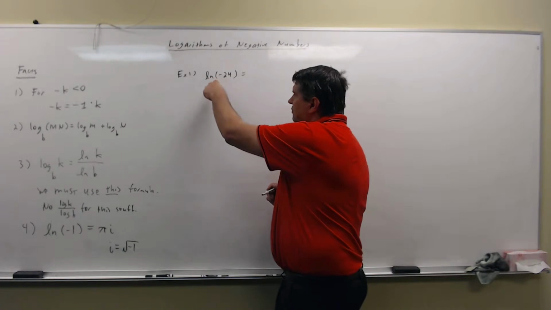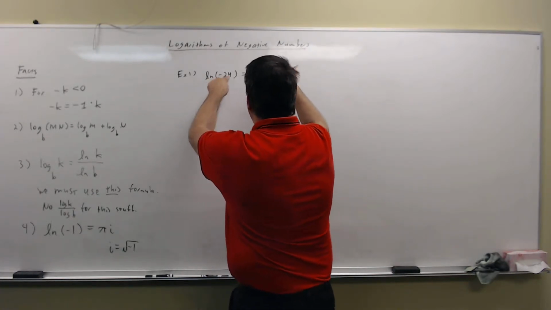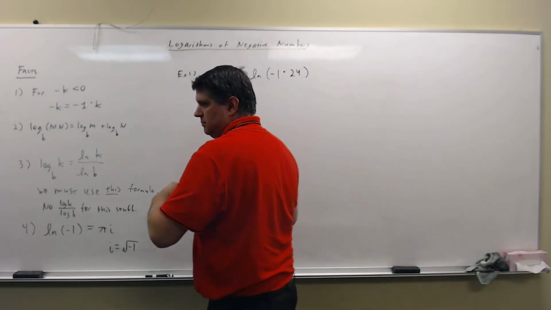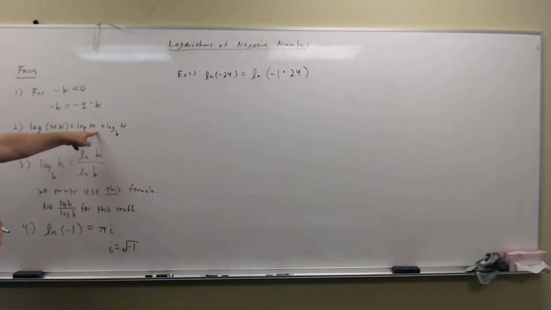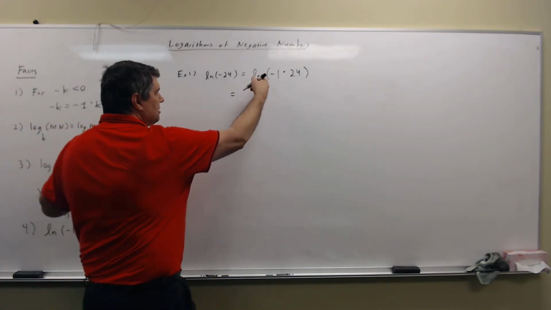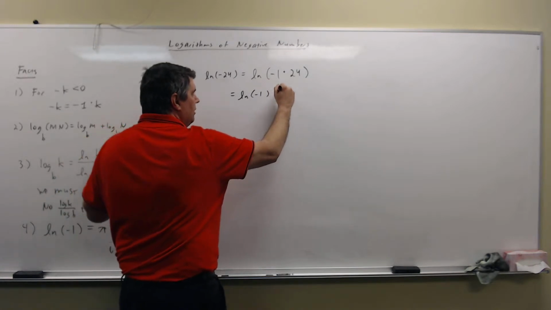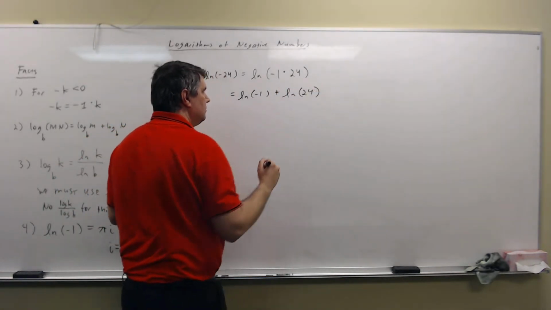Natural log of negative 24. Negative 24 can be written as the product of negative 1 and 24. Using this relationship, I can split this up into the natural log of negative 1 plus the natural log of positive 24.